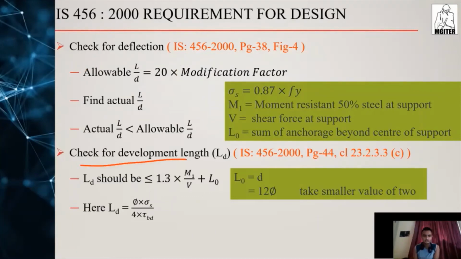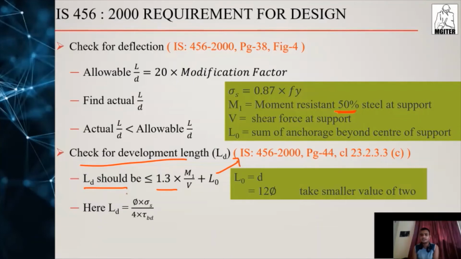Then after that, check for development length. This equation is given in IS 456:2000, page number 44, clause number 23.2.3.3 c. Very lengthy. Okay, look here. Length Ld should be less than 1.3 M1/V plus L0. M1 is the moment of resistance of 50% of steel at the support.